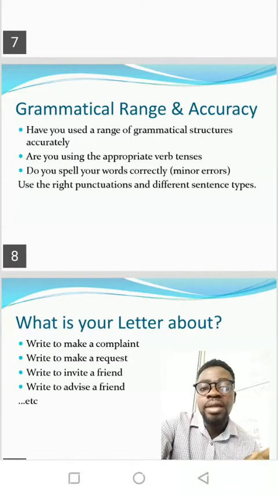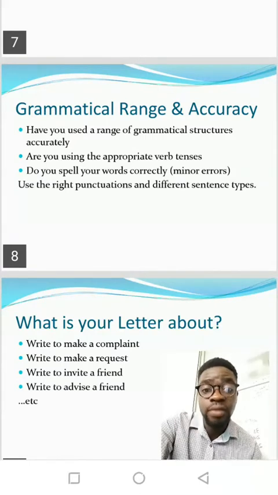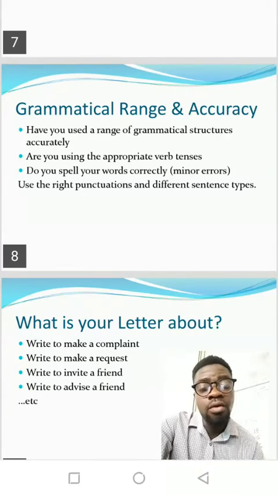So the examiner is going to look at your writing and see if you use a range of grammatical structures accurately, and do you use the appropriate verb tenses and your spelling. Of course, minor errors are overlooked.